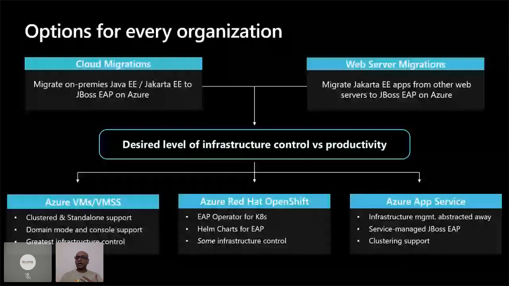As long as you're running JBoss EAP on Azure in one of the supported ways that we have, OpenShift, virtual machines, VM scale sets, or App Service, it doesn't actually matter. Any kind of issue, whether it's a cloud issue or an issue with JBoss EAP, you can either call Red Hat or you can call Microsoft, and we will take care of the rest of it.